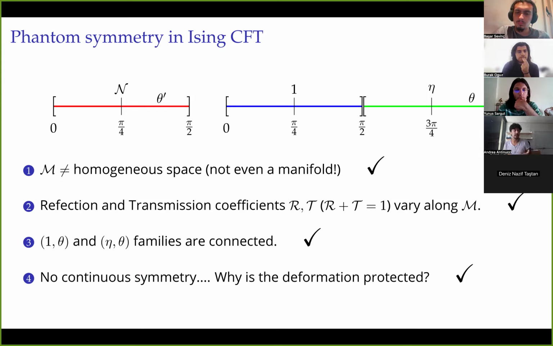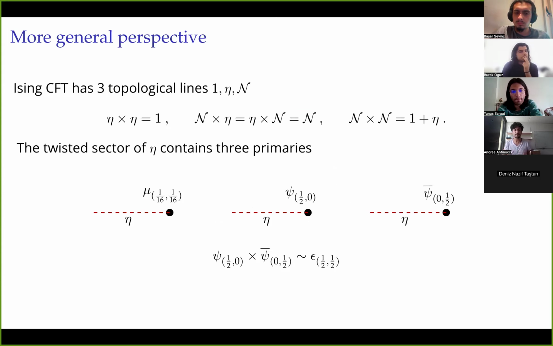So what happens in another theory, where I don't know what happens after folding? Can I predict from the beginning that I will get this phantom symmetry? I want to explain how, supposing that I don't know that Ising times Ising is a compact boson, I can immediately predict that I get this continuous symmetry, and then I will apply this principle to other CFTs. Okay.